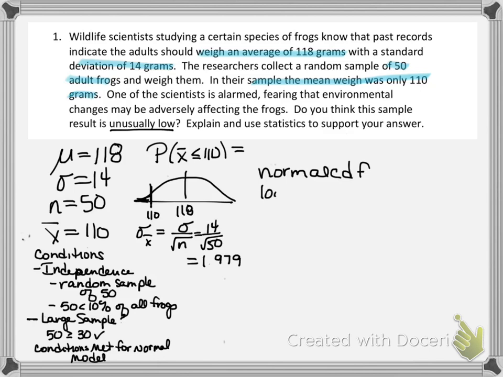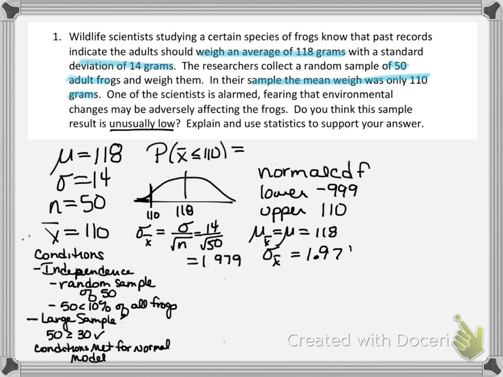Now let's use our normal CDF. My lower bound will be negative 999. My upper bound is going to be 110. Remember, the mu of X bar is the same as mu, which is 118. The standard deviation of X bar we're going to use is 1.979.